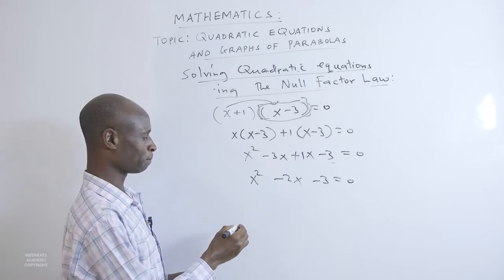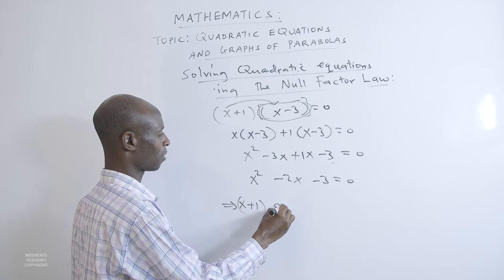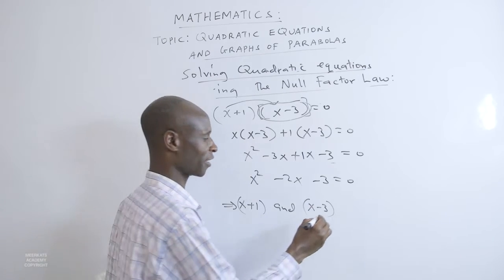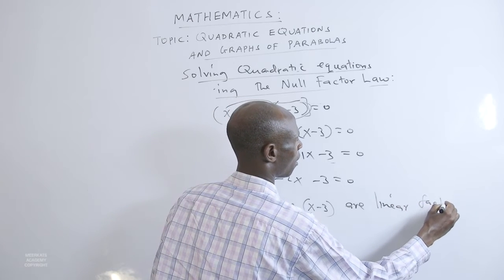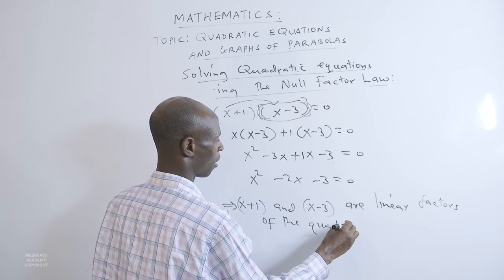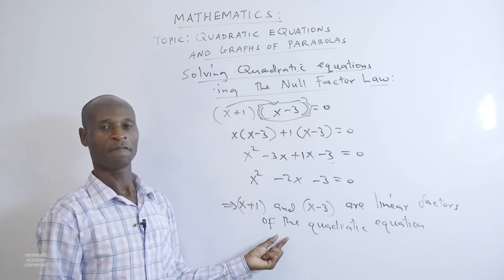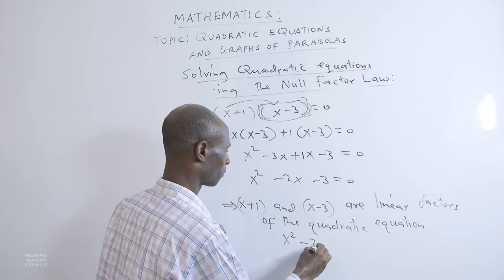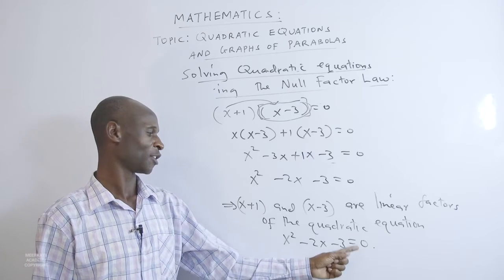So we can say that x plus 1 and x minus 3 are linear factors of the quadratic equation x squared minus 2x minus 3 is equal to 0.